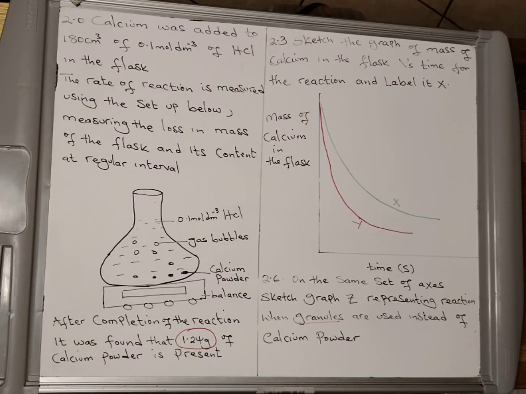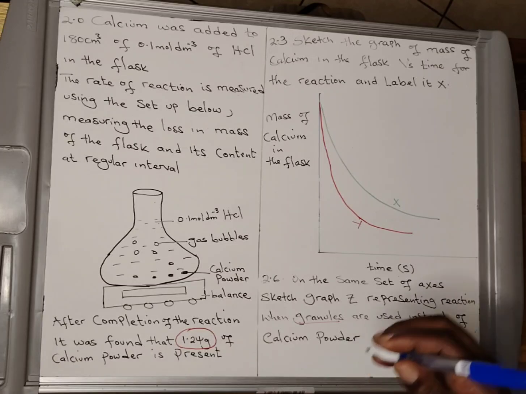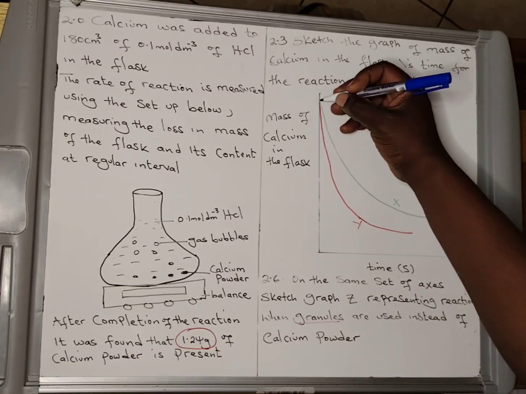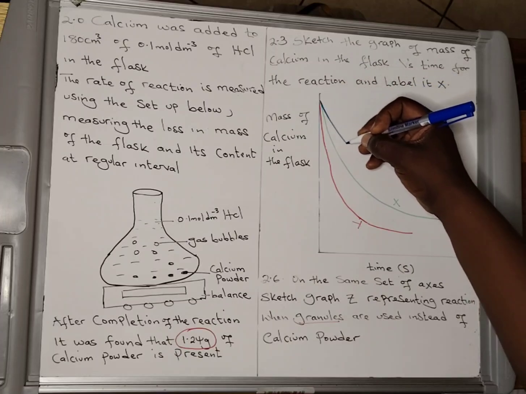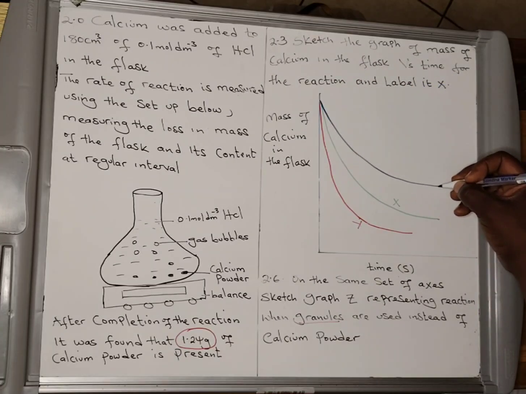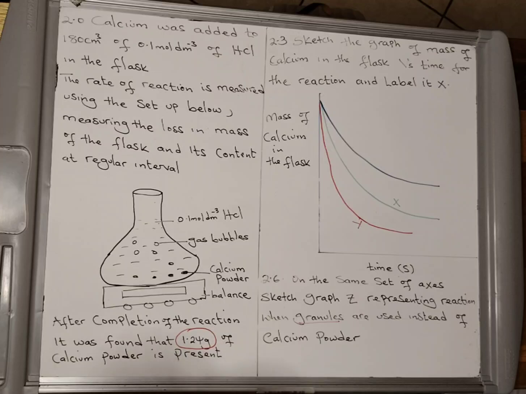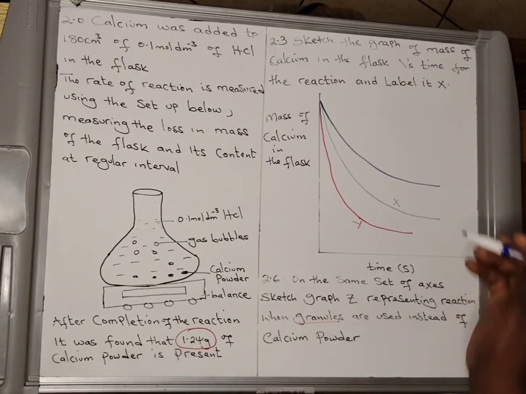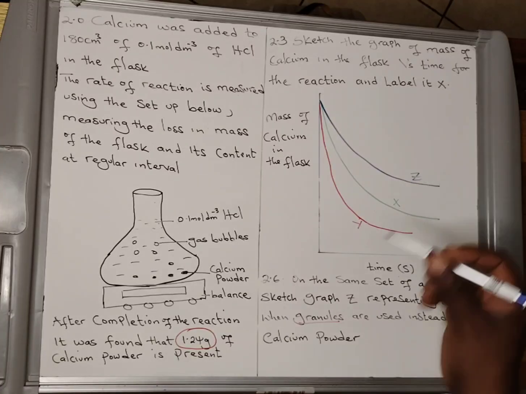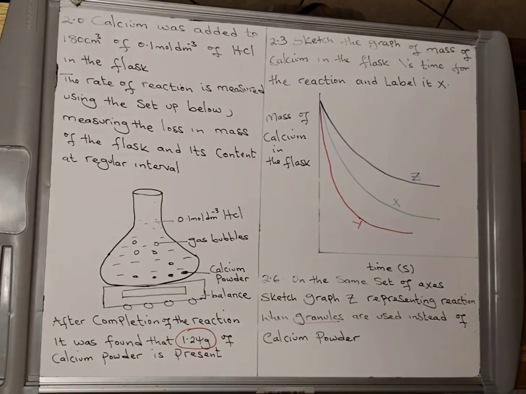We show it by realizing that the time taken to reach completion will be higher. So this is what our granules will be. The time taken to reach completion is higher. And we said it's Z. So that's what we have.